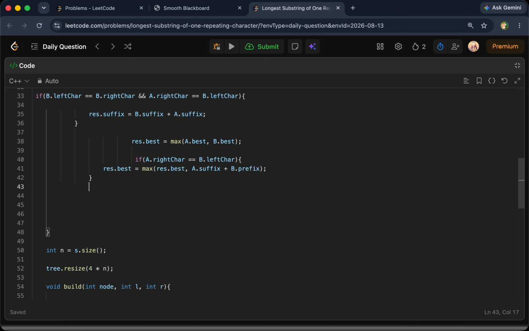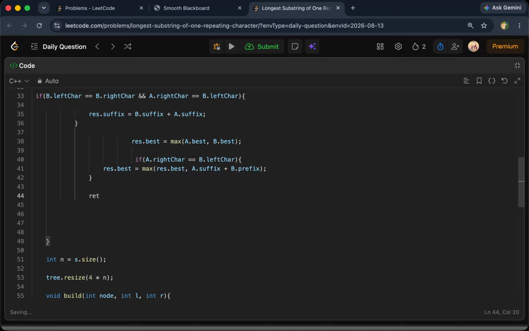Then here we just return the RD. I have to return RD here. Yes.